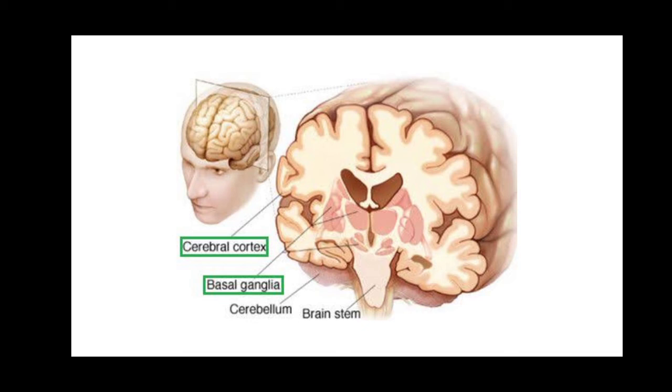Then we have the internal lobular structures that can be found inside, called the basal ganglia, or basal nuclei, which is majorly formed of gray matter, meaning the neuron cell bodies are actually there in large numbers.